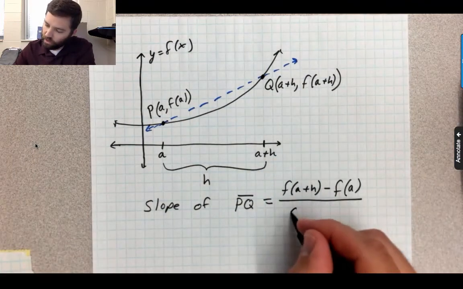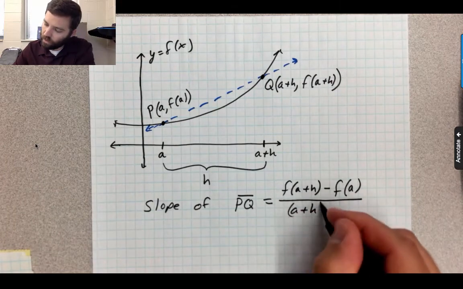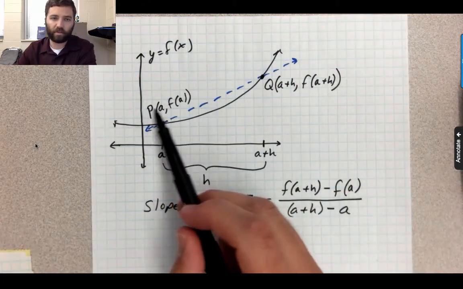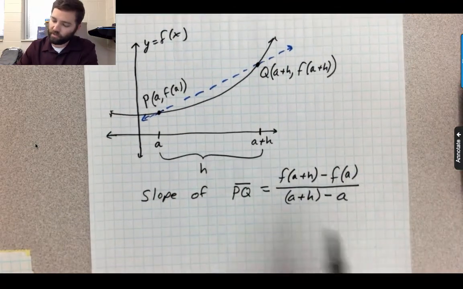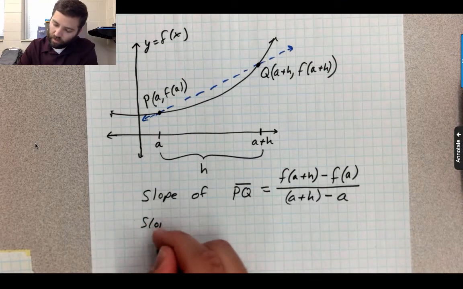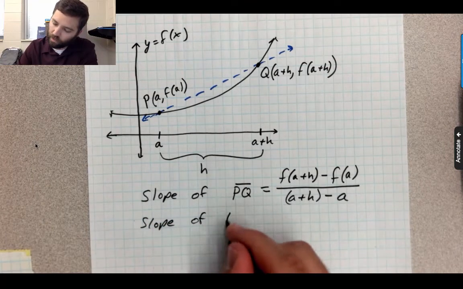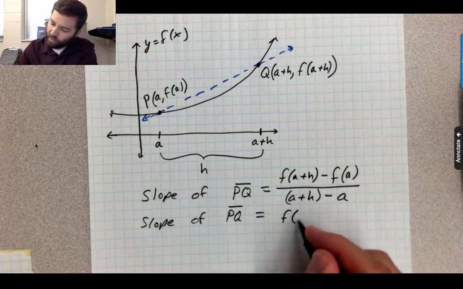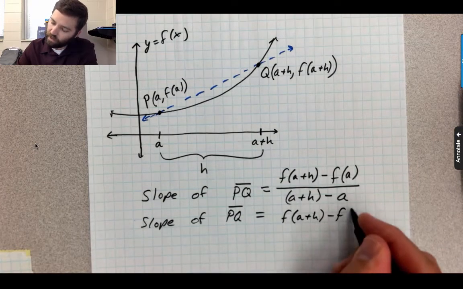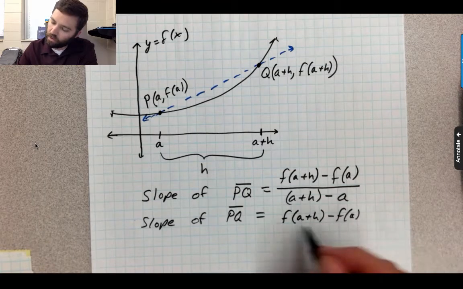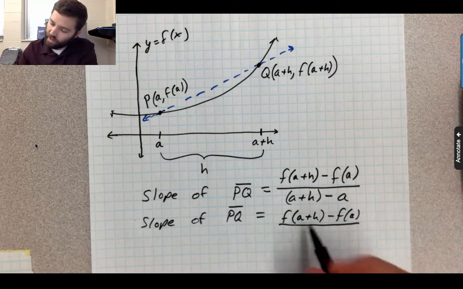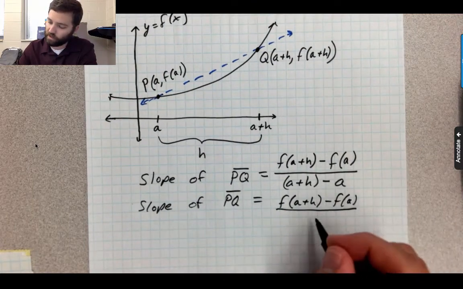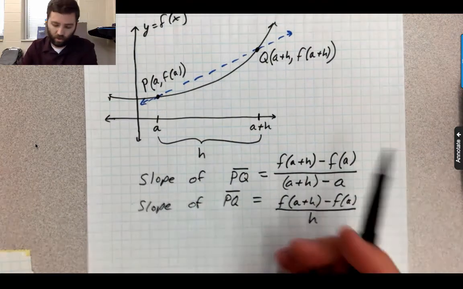So a plus h minus a. Okay, so let's simplify a little bit. So on top nothing will simplify, f of a plus h minus f of a, divided by a plus h minus a, the a will drop out. Okay, so a minus a is 0, so I'm left with just h down here. So there's the slope of PQ.